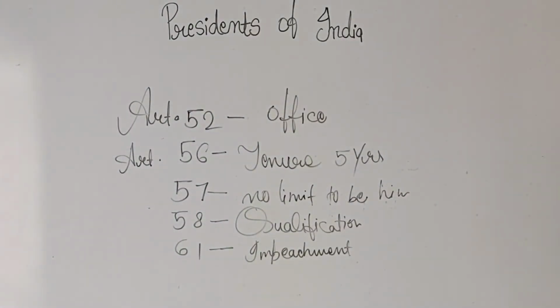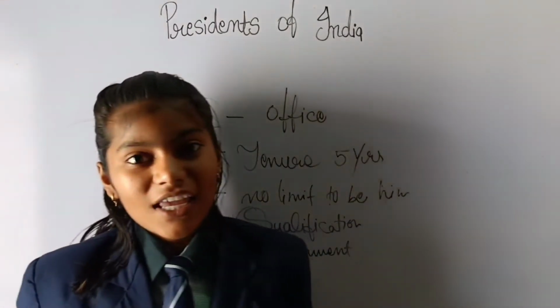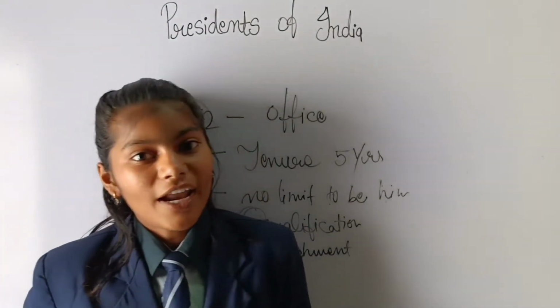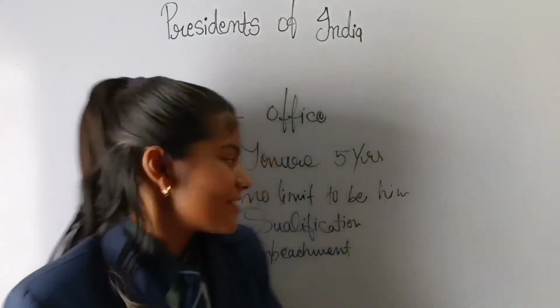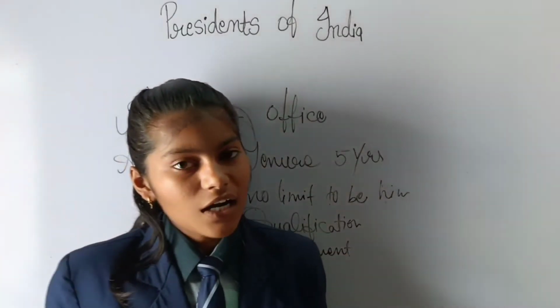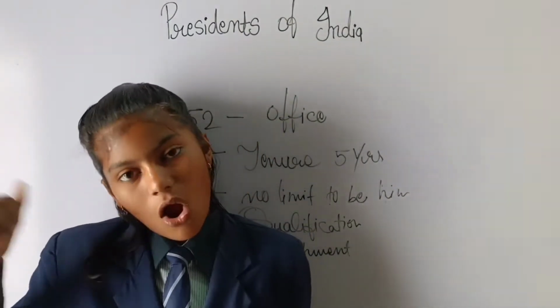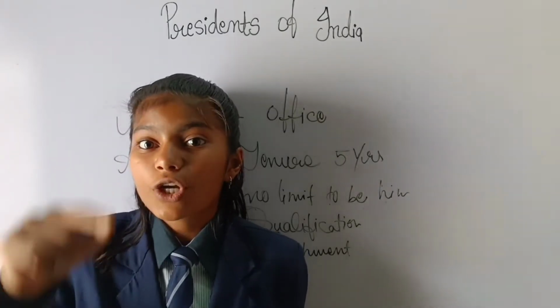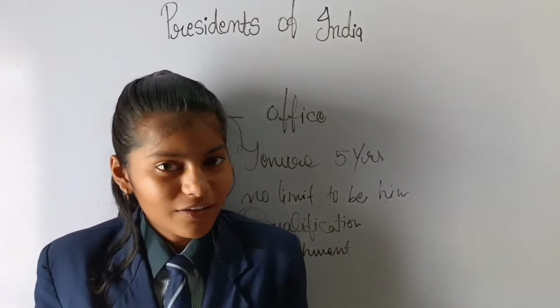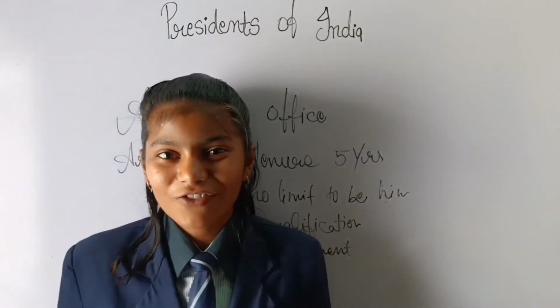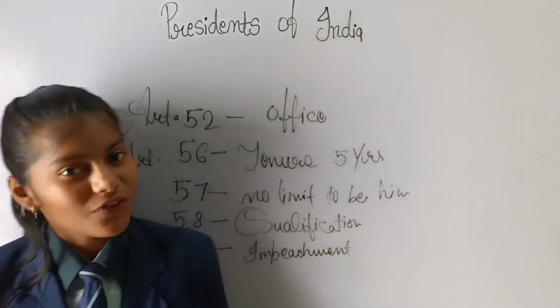It means any house can raise a question that this president should be removed. That is known as the impeachment. It can start in Lok Sabha or Rajya Sabha, and if it gets a majority vote, then the president is removed. Yes, that's the process of impeachment.